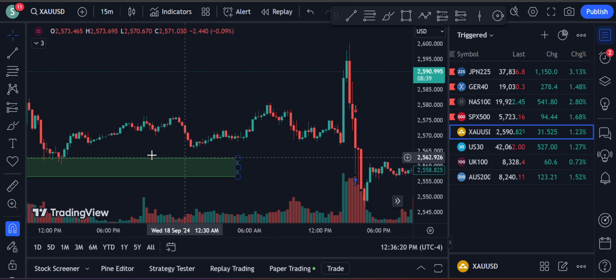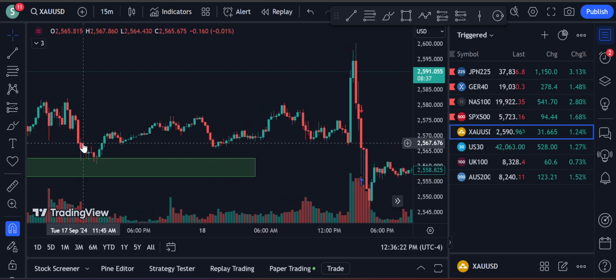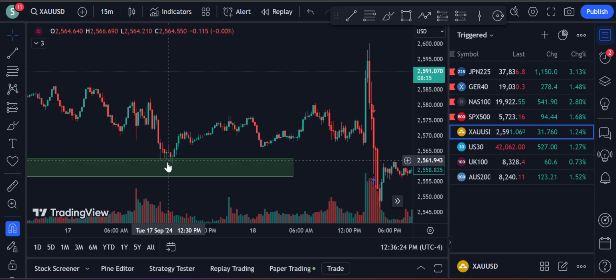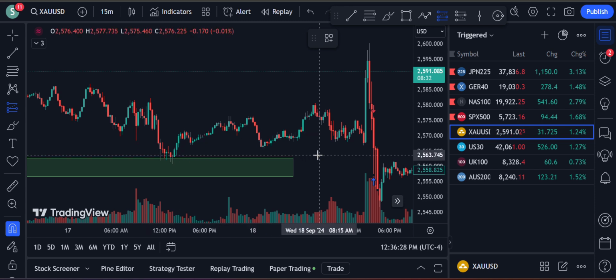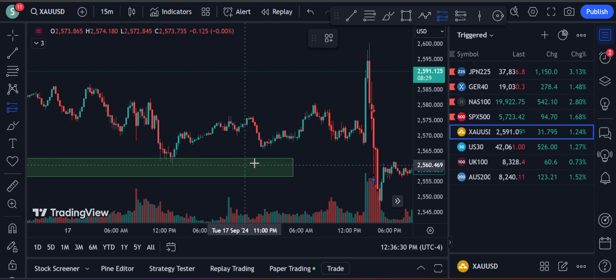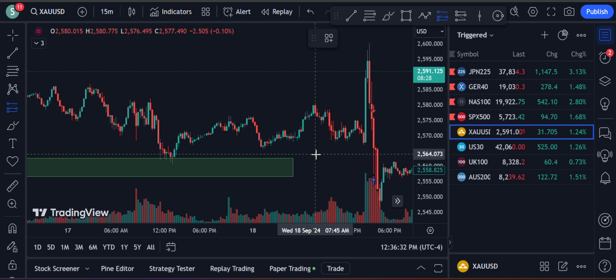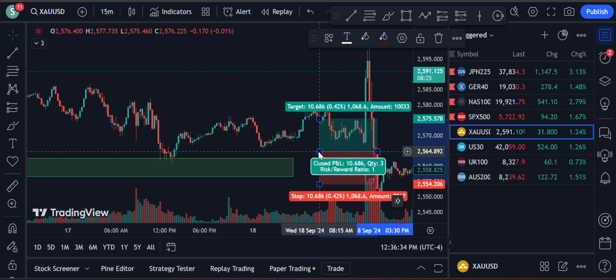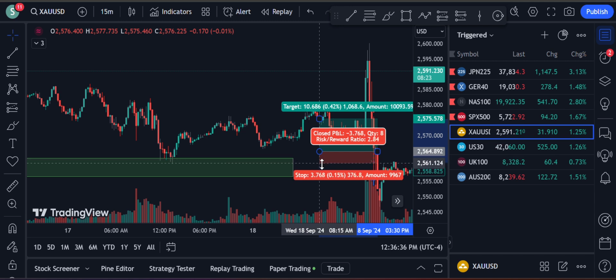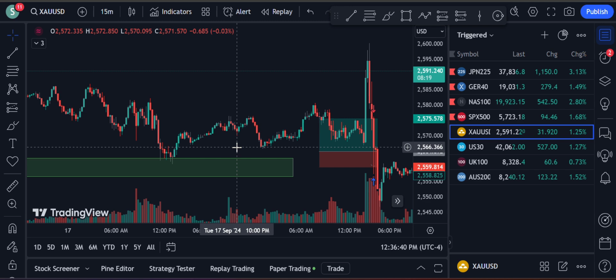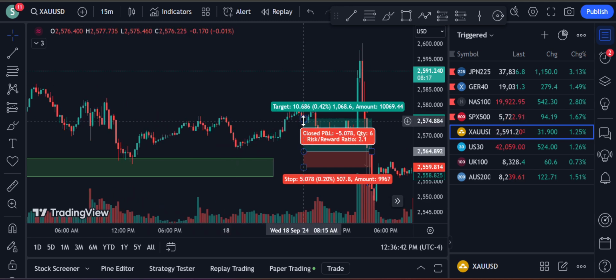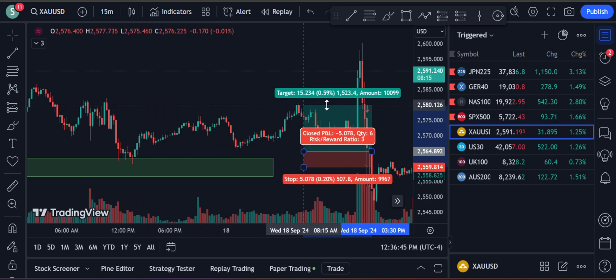So my thought process was it will come back to this zone, it will come back at this level. A stop loss will be right below the wick and we will target a 3:1.